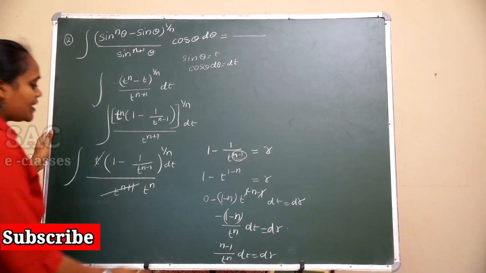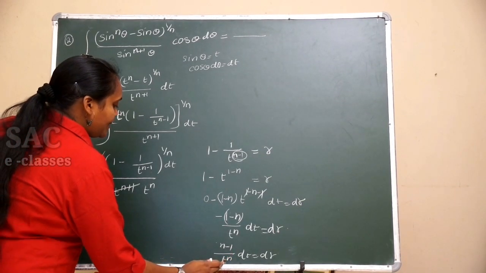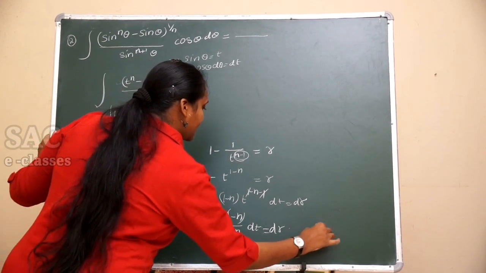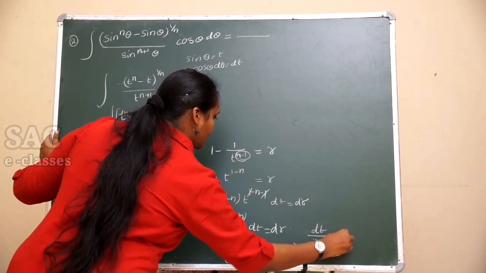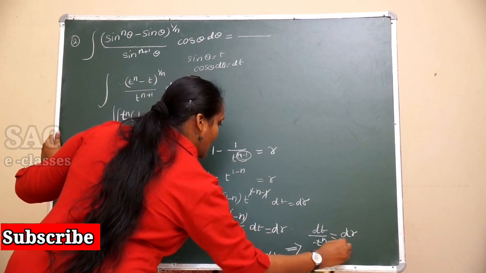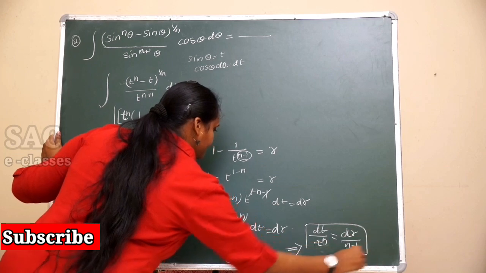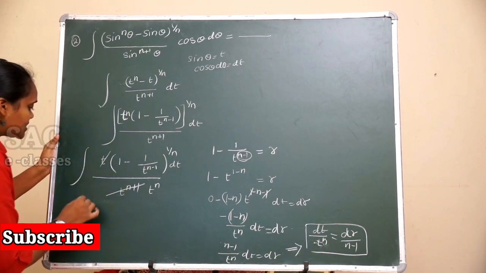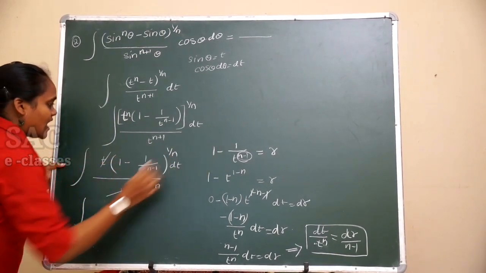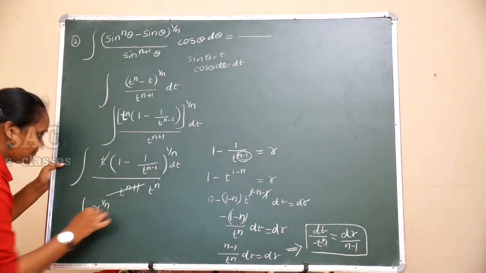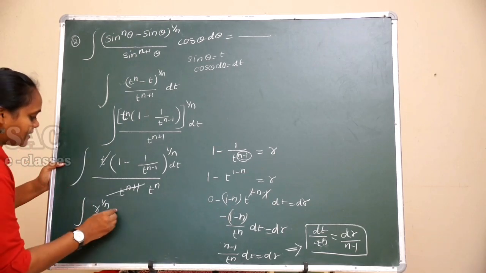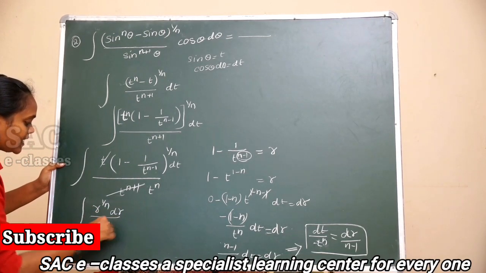Now you have observed here (n − 1)/t^n dt equals dr. So let me write this as dt/t^n equals dr/(n − 1). Let me reduce this into that variable form. This entire value is r. So r^(1/n) into dt/t^n can be written as dr/(n − 1).